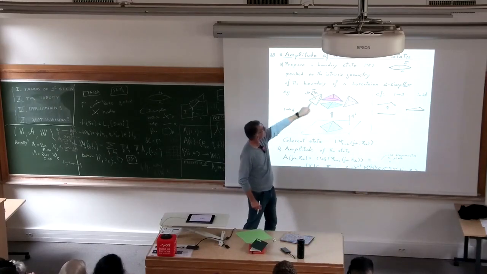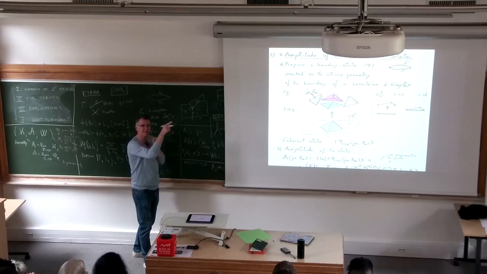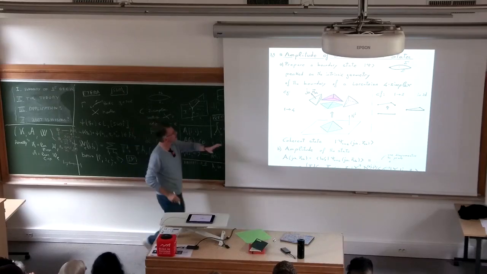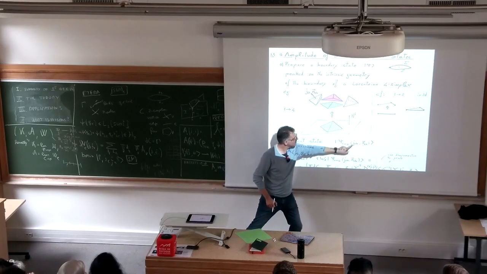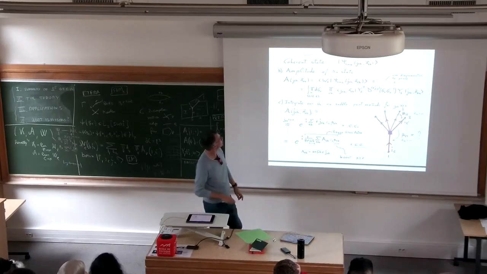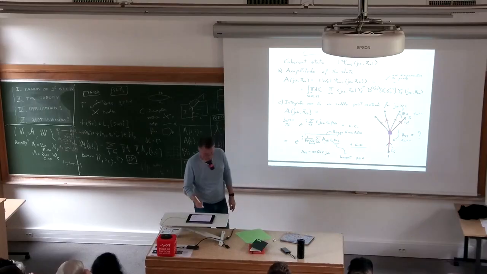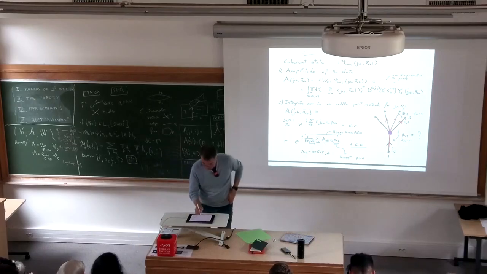So to give them, I have to do this using coherent states. I have to say the phase points in this way, in average, and then it has small fluctuations around that. So I first build the states, the coherent states, labeled by spins and normals, and then I compute the amplitude. So how do I compute the amplitude? I have to do this calculation. Given a state, compute the amplitude.